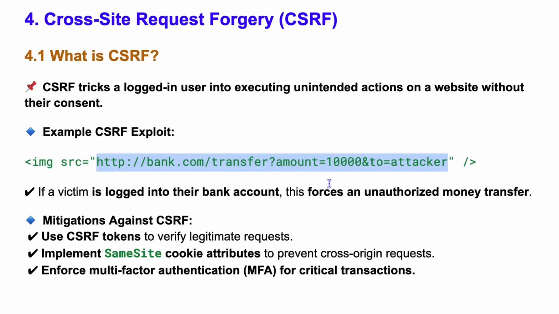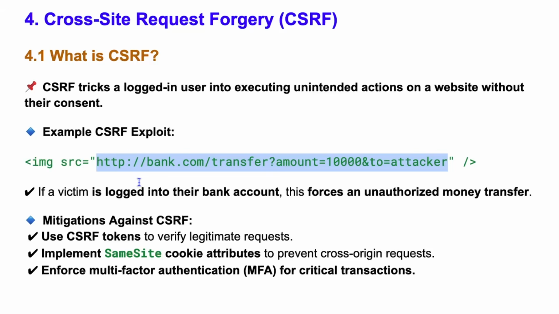I want you to submit the request for them to transfer money from their account into our account. And this would require that you know what the URLs look like for that bank once somebody is logged in and they're just transferring money back and forth between their own accounts or their relatives' accounts, something like that. So you need to know what that bank's URL looks like when a transfer is requested and they're logged in.